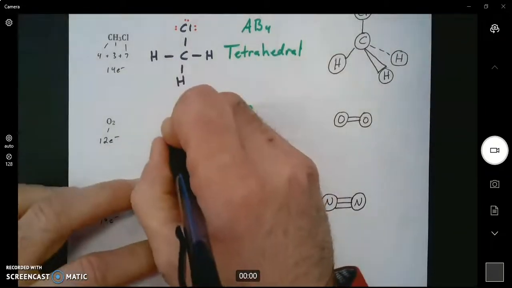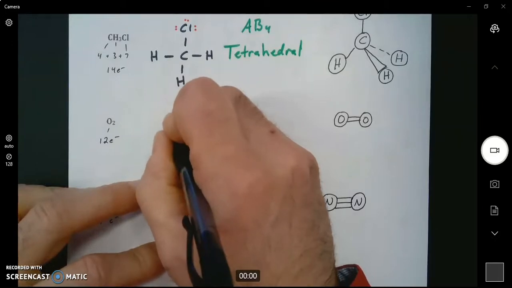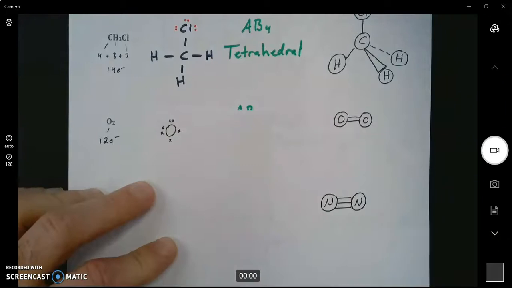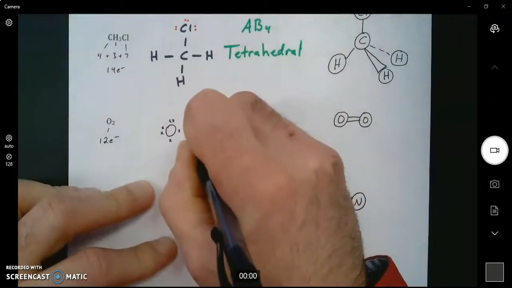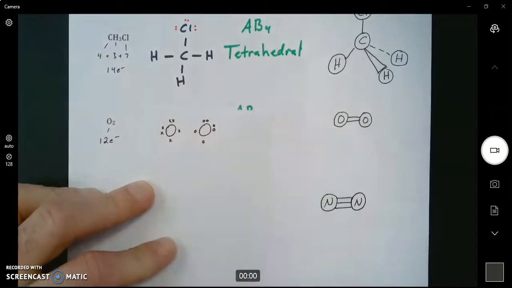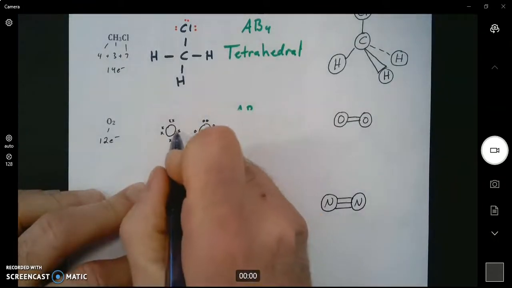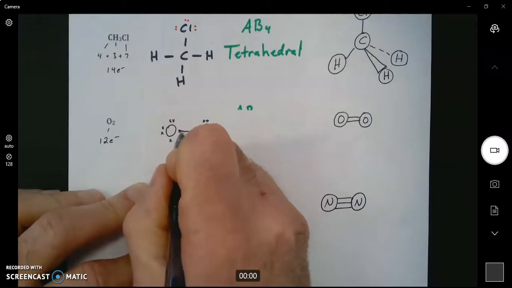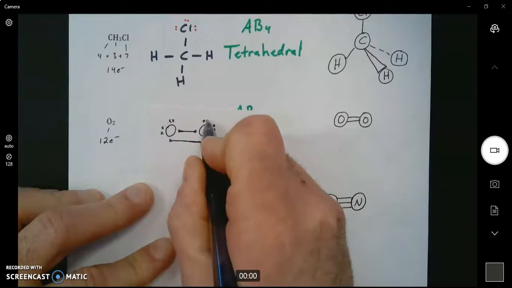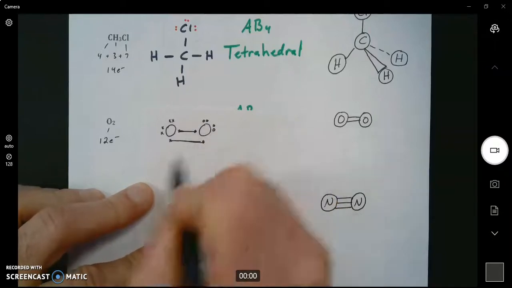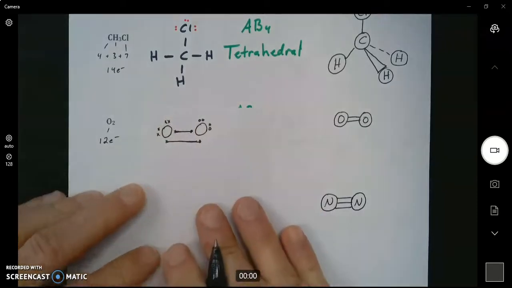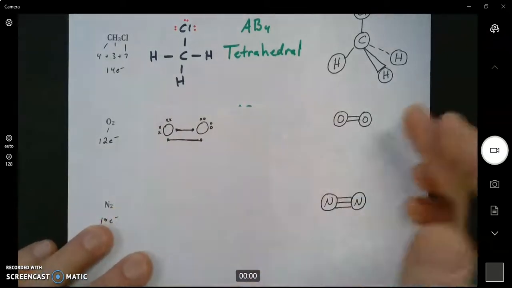If we take an oxygen and we put its Lewis dots, and we take another oxygen and we put its Lewis dots, you can see how those unpaired electrons can connect to make a double bond. And that would give us 2, 4, 6, 8 electrons for that oxygen, 2, 4, 6, 8 electrons for that oxygen. That's going to be an AB, that's linear.